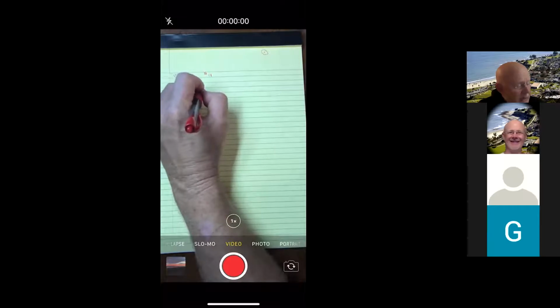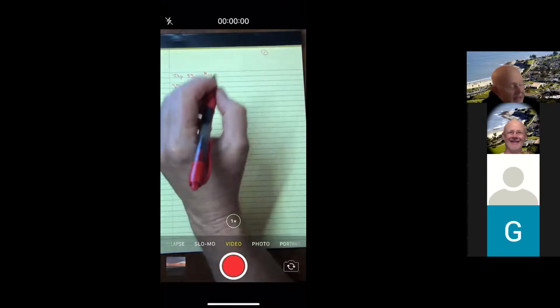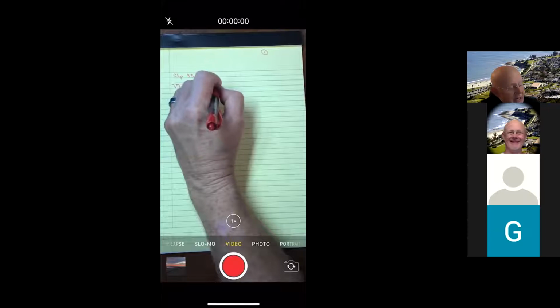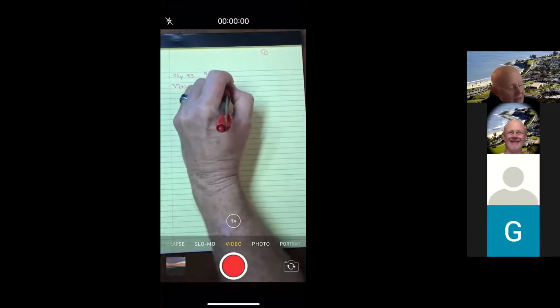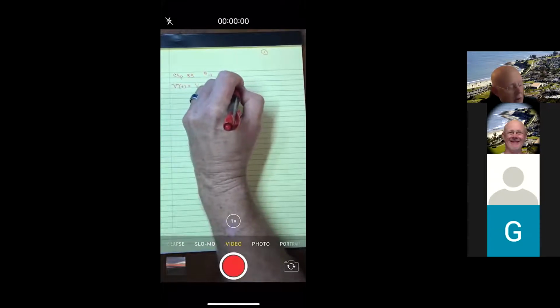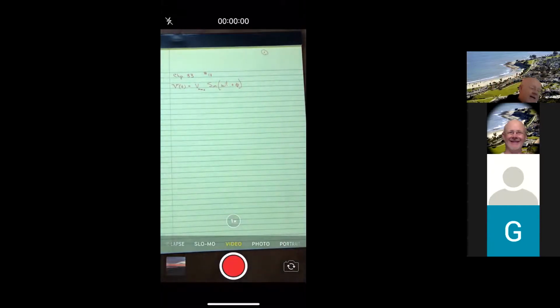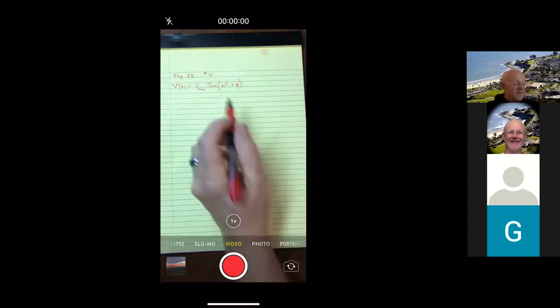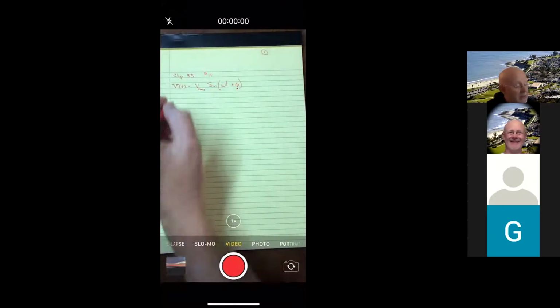And we like to write it this way, that there's some maximum. And then it oscillates, and depending on when you call time equals 0, it can be purely a sine shape, or it could be purely a cosine shape, or it could be some phase in between.